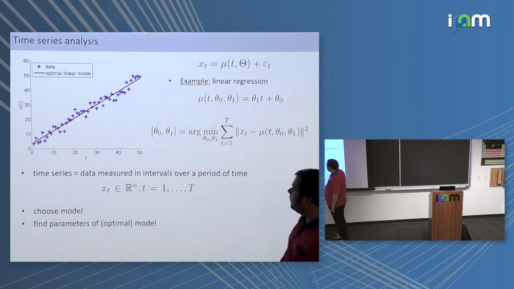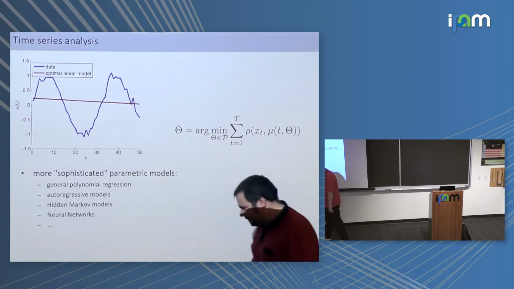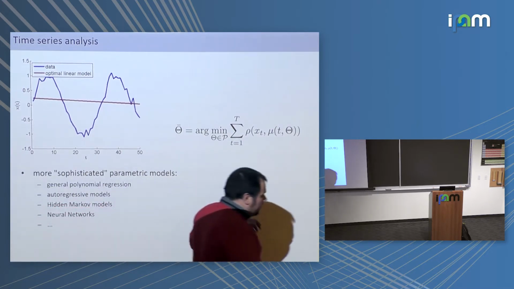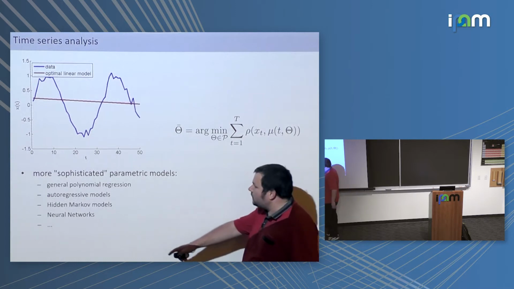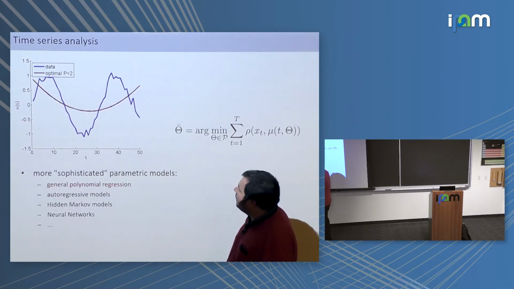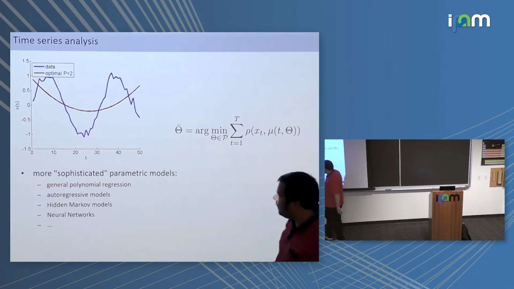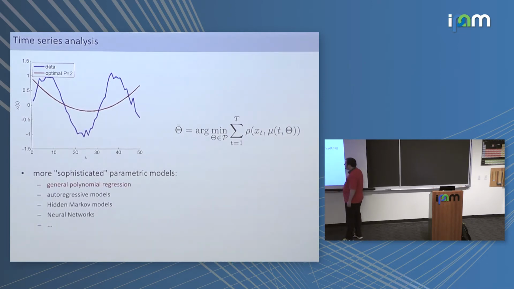Why am I talking about it? Because in other cases, we have to choose more sophisticated models. If we stick with polynomial regression, then to fit this data, we can increase the degree of our polynomial function to, let's say, 49.